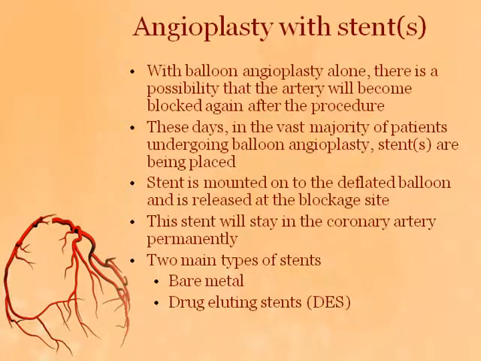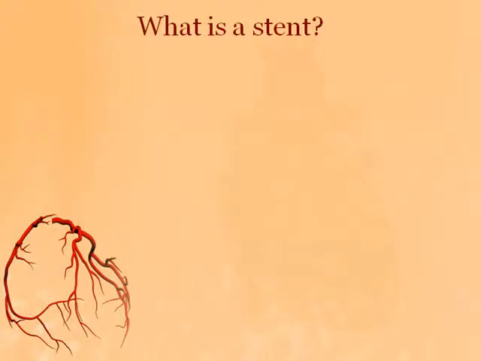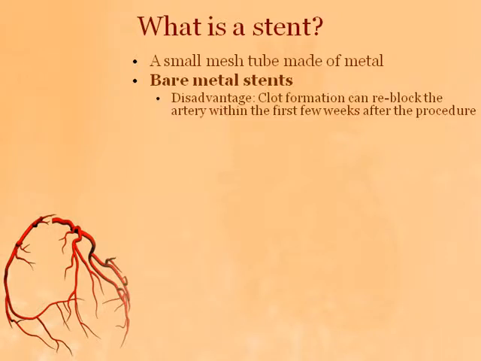There are newer types being researched and being released into the market. So what exactly is a stent? It's actually a small mesh tube that's made of metal. Bare metal stents are basically bare metal.